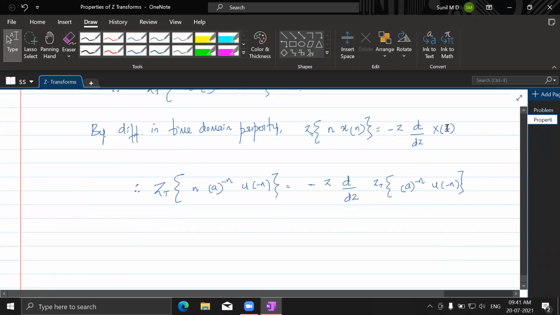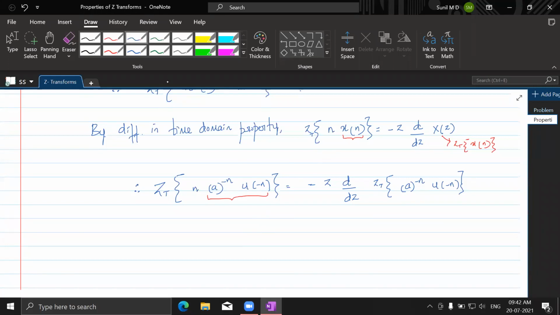Understand that? Let me just show you why we are taking this. This is z transform of x of n. So what is x of n here? x of n is this. So this is z transform of x of n, that is, z transform of a power minus n u of minus n, which we have obtained in the previous case.